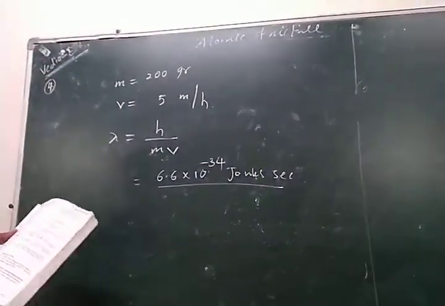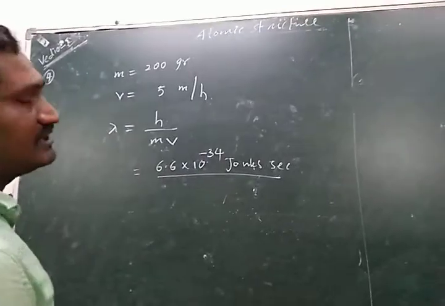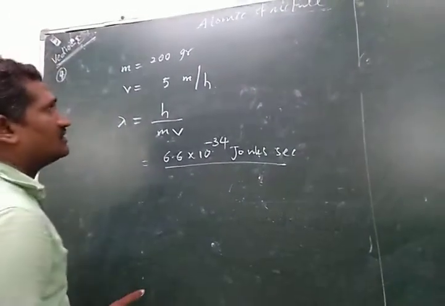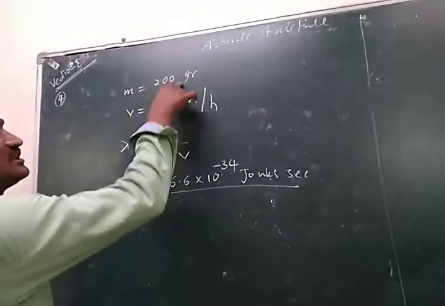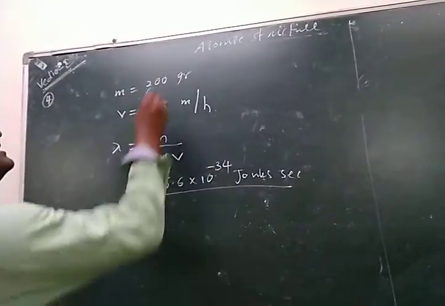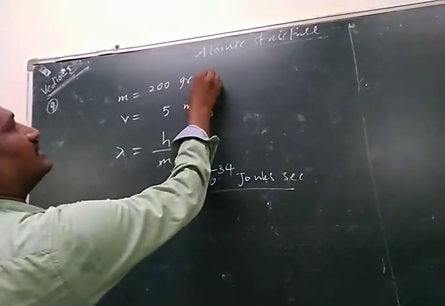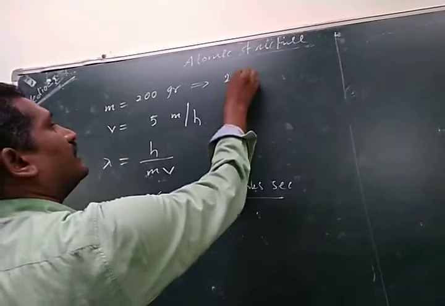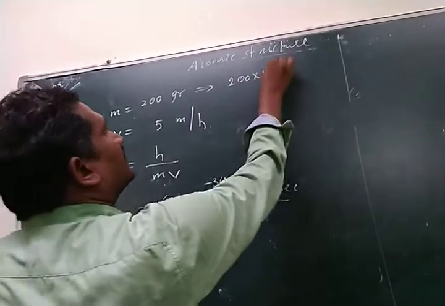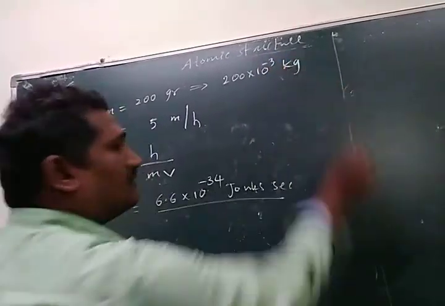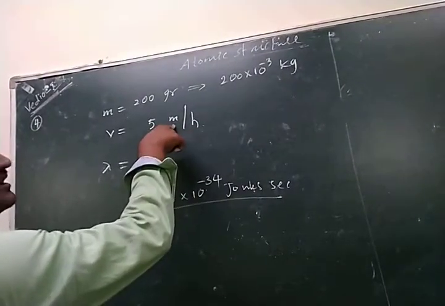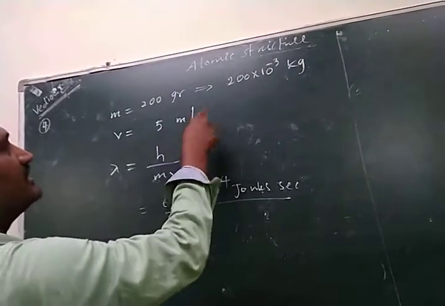The options are given in meters, which is the SI unit. So these values must be in SI units. So 200 grams converted into kilograms is 200 into 10 power minus 3 kilograms. We also have to convert the velocity: meters is an SI unit, but hours must be converted into seconds.